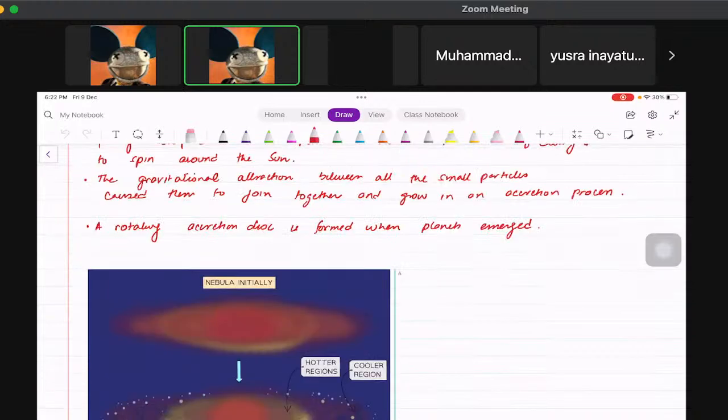Now write here that as the sun grew in size, it became hotter.